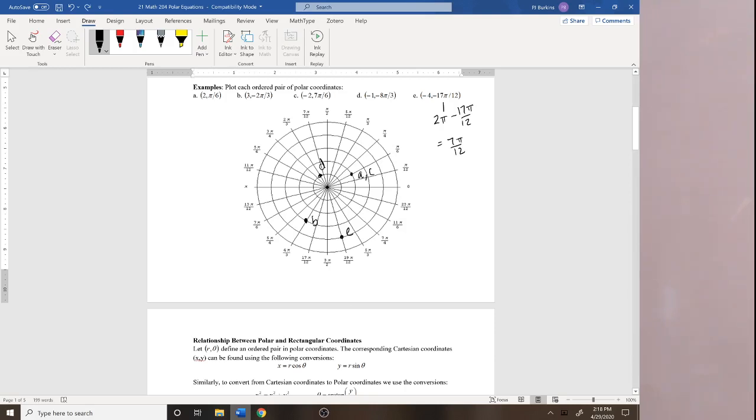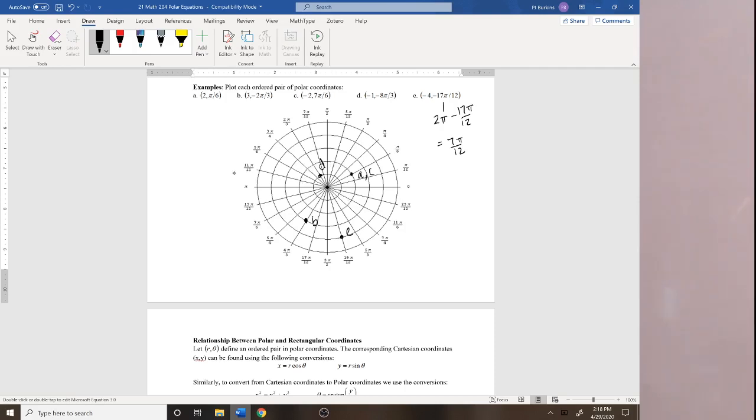So radius of 2 puts us on this circle right here. And then the angle says pi over 6, which is right here. So that's why my dot is there for A.